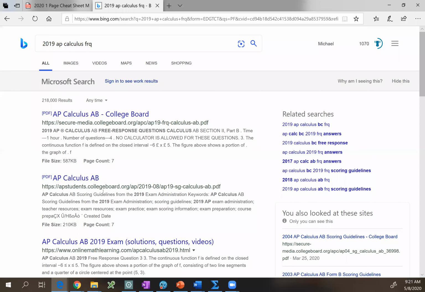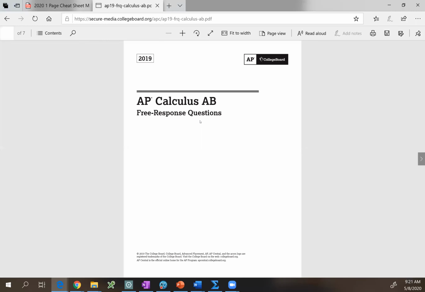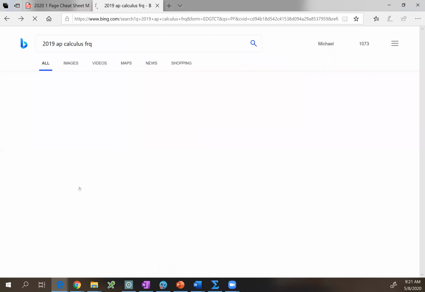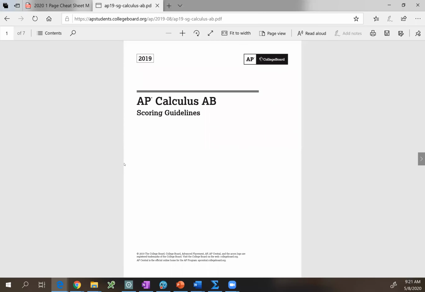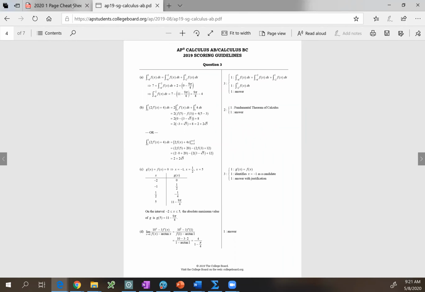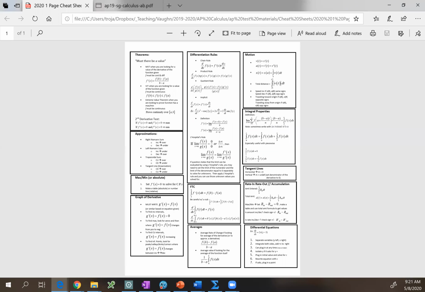One of the links might say you also get solutions from other teachers, but one of these two links will be the questions, and the other link will be the answers. So I really encourage you to do this on your own. I will give you guys extra credit if you solve them on your own, but at least read through them. They're very important.